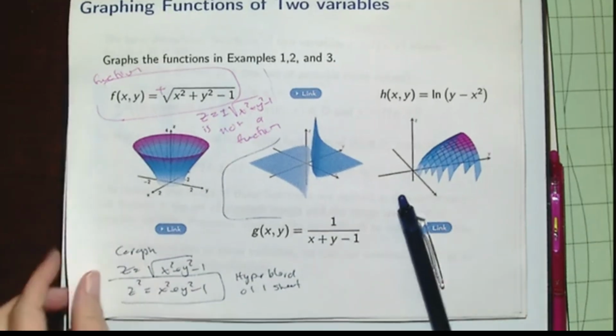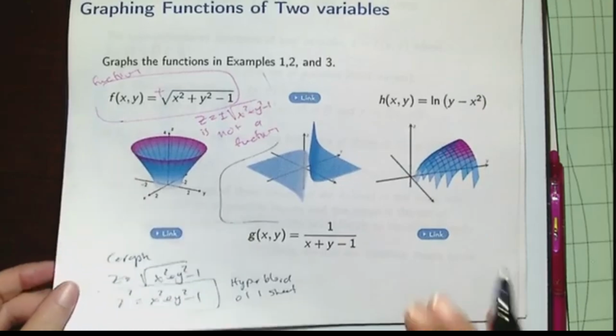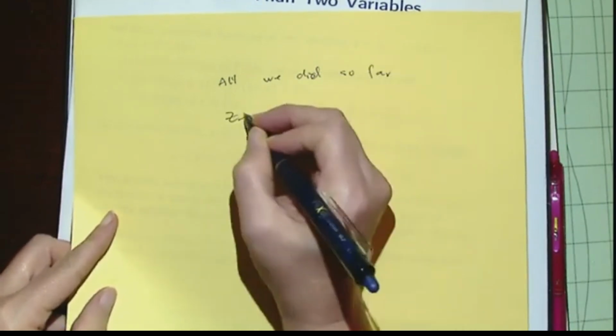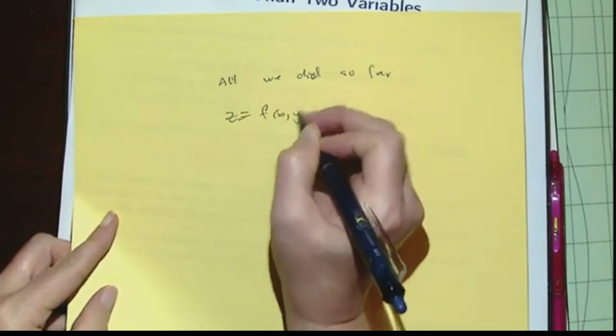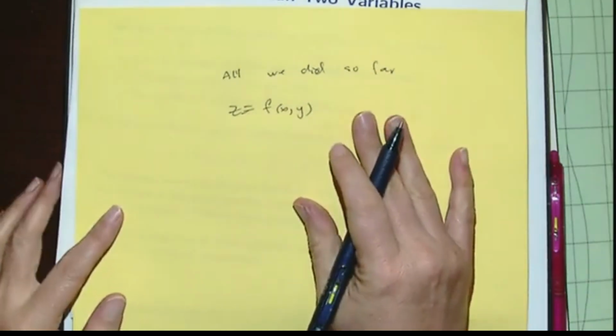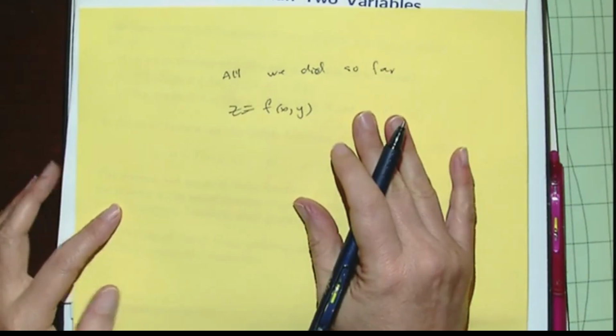So that was fun. We looked at a bunch of graphs, right? But all we did so far is z equal to f of x and y, function of two variables. What if I have functions of more than two variables?